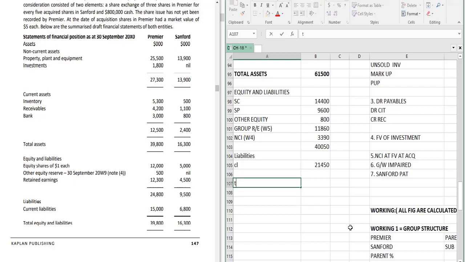So total equity and liabilities equal to this plus this. So both the total of assets and the total of equity and liabilities are equal, so it is correct.